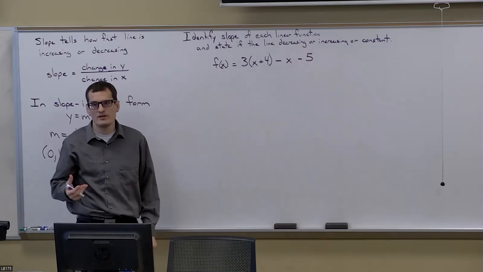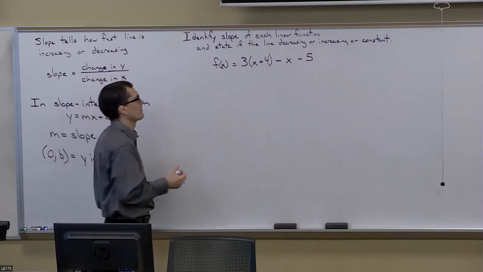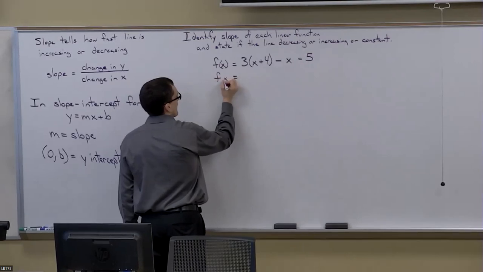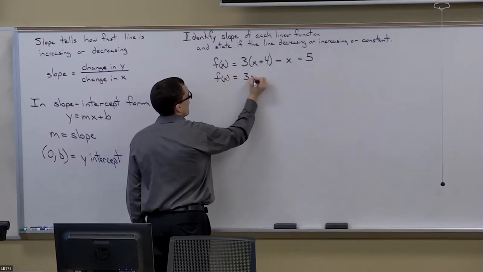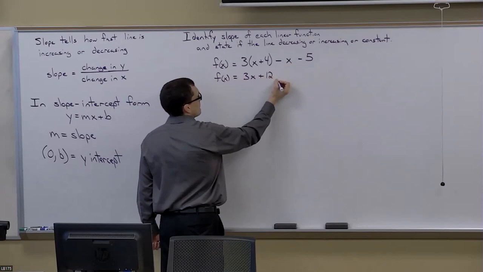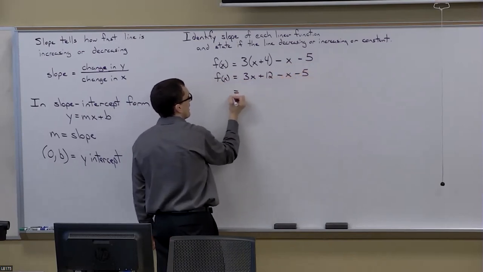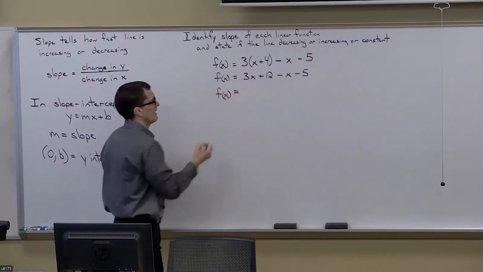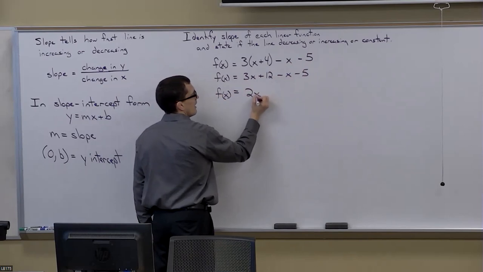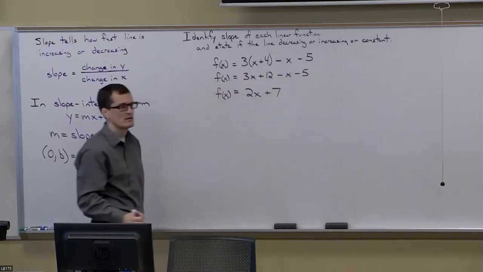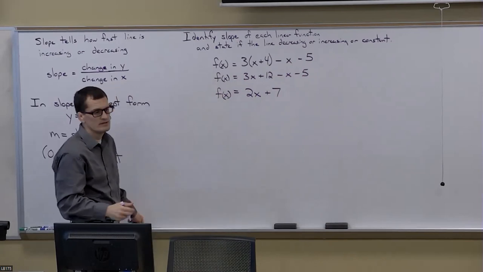Well, all I'm going to do is simplify that right-hand side by applying the distributive rule and then combining like terms. And when I do that, I eventually get 2x plus 7.